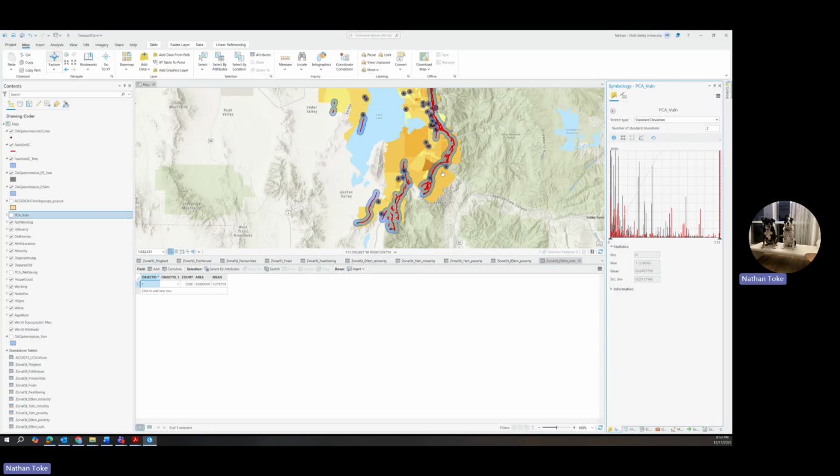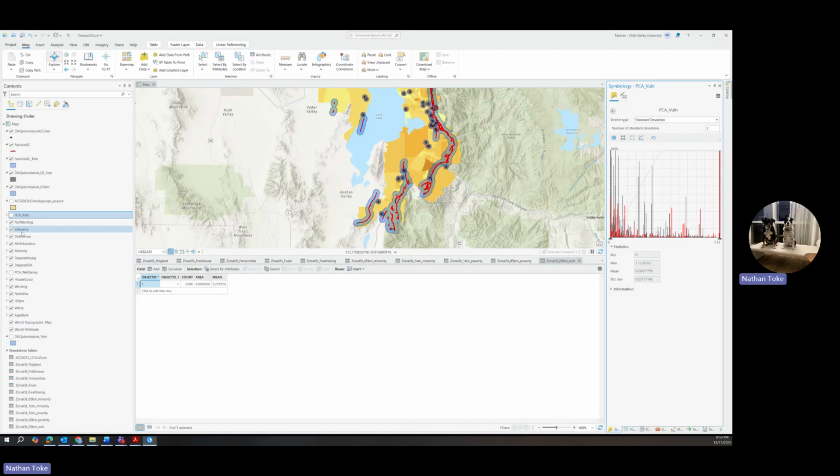Vulnerability is a factor that's related to multiple things, right? And so we saw that poverty was an important vulnerability factor. The housing cost is going to be lower next to the industrial facilities that might be releasing these toxic chemicals, and so it makes sense that lower income people might be situated there.